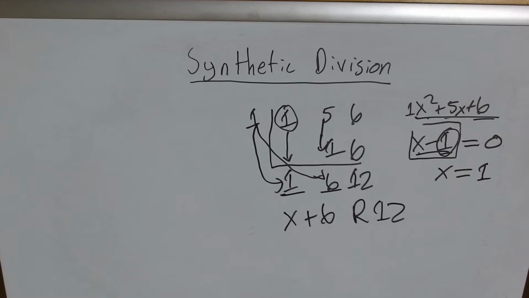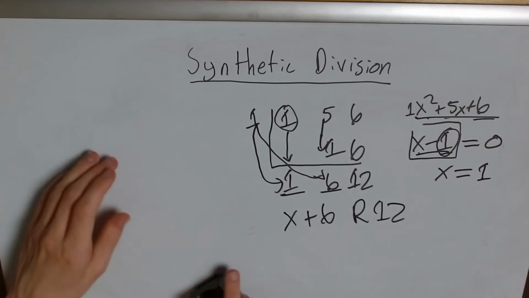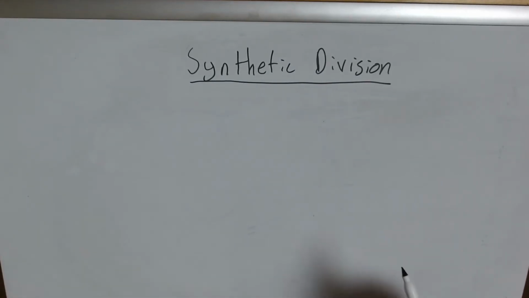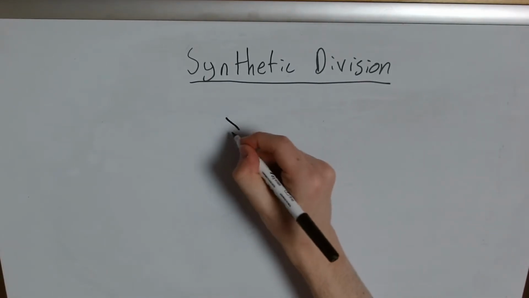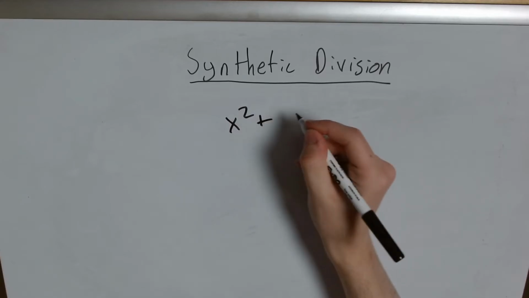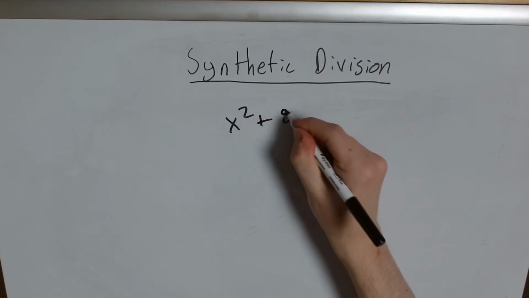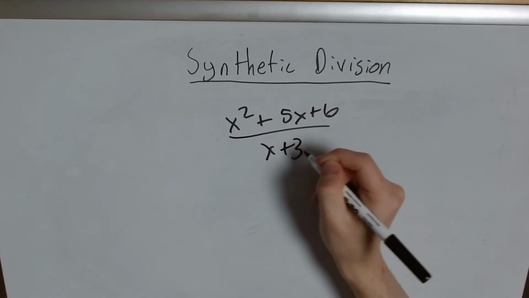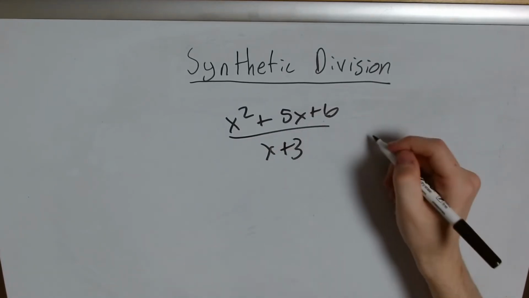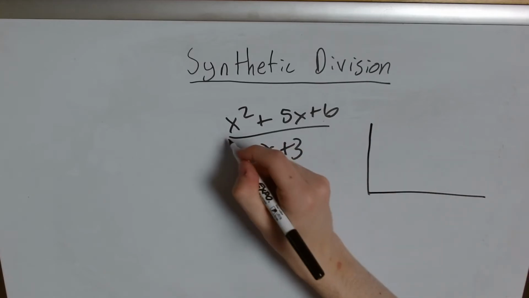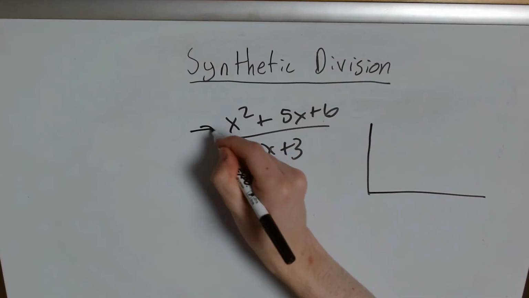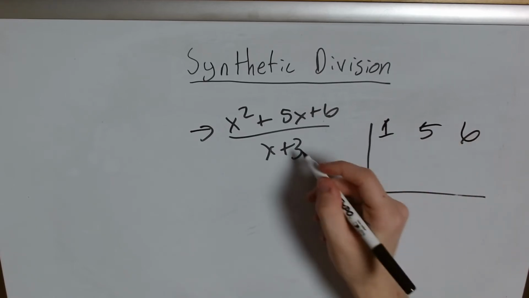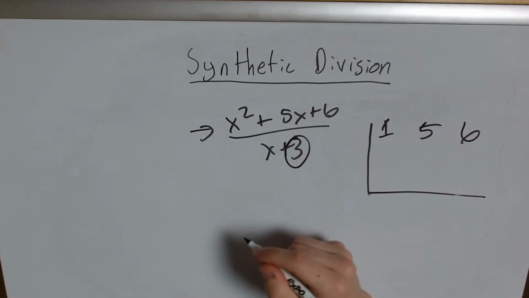All right? Let's do another example to make this a little more clear. Say I have something like this. X squared plus 5x plus 6 divided by x plus 3. What does that look like? Well, I'm going to write our coefficients along here. So that's 1, 5, and 6. We're going to take the negative version of our ending term here.